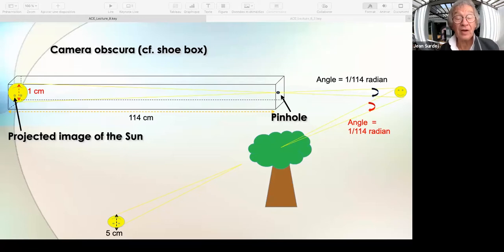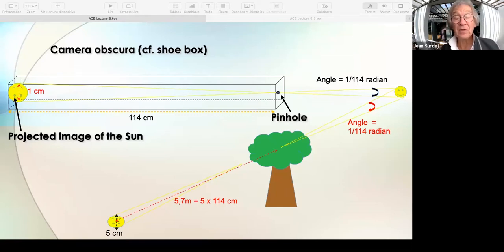Now, if we tell you that the diameter of the projected image on the ground is 5 centimeters, you could find the distance between the projected solar disk and the hole in the tree. You would just have to multiply 5 centimeters by 114, and you would find that the hole is located at a distance of about 5.7 meters from the disk on the ground.